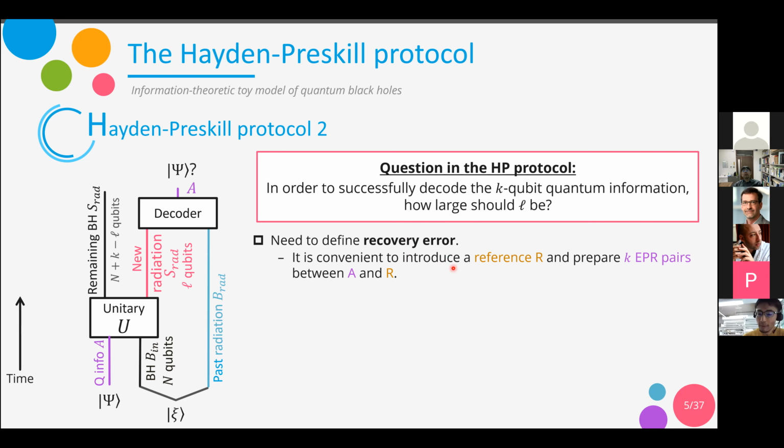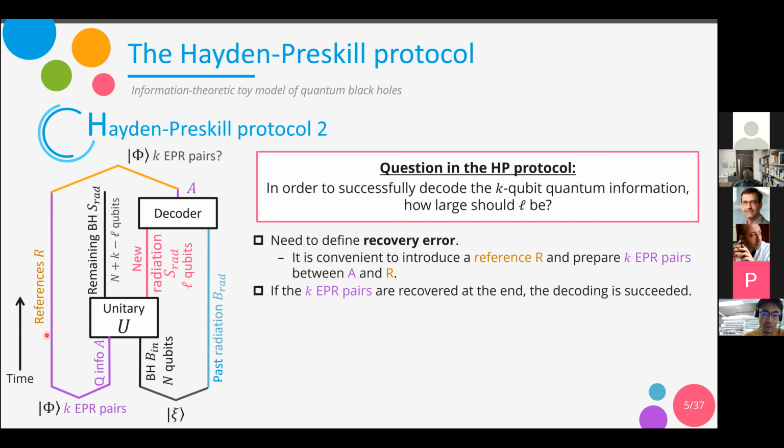So we introduce a reference system R and prepare k EPR pairs between A and R. So instead of throwing in an unknown pure state psi, we introduce a new system, the reference system, and prepare k EPR pairs between A and R. And if we succeed in recovering these k EPR pairs at the end of the day after we apply the decoding operation, then we say we succeeded in decoding the quantum information. So this is a very typical definition of the recovery error.